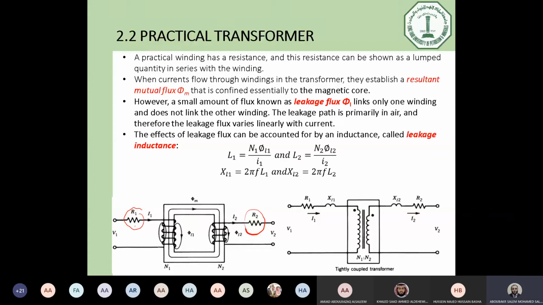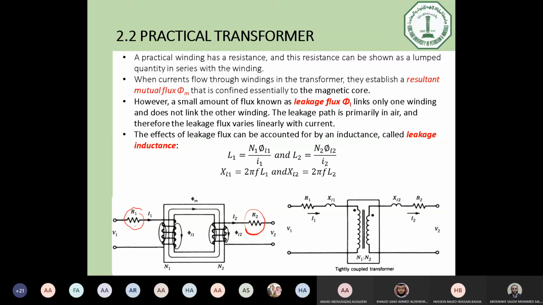However, in actual transformers, you will have some leakage flux, which is the flux moving here in the air gap. We call it phi L1, and for coil 2, phi L2.